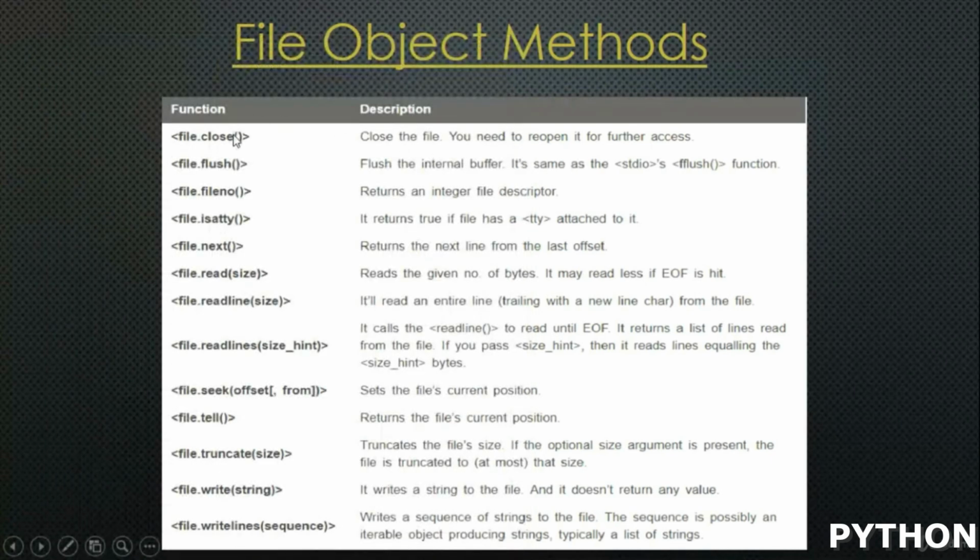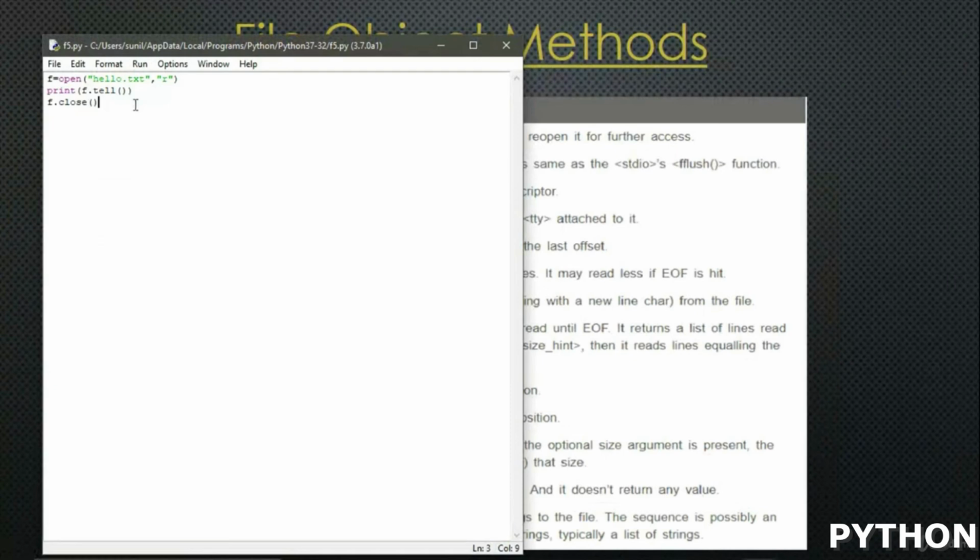Now I'm going to perform the flush method. The flush method is basically used to flush the internal buffer, like stdio's flush. It has no return value.